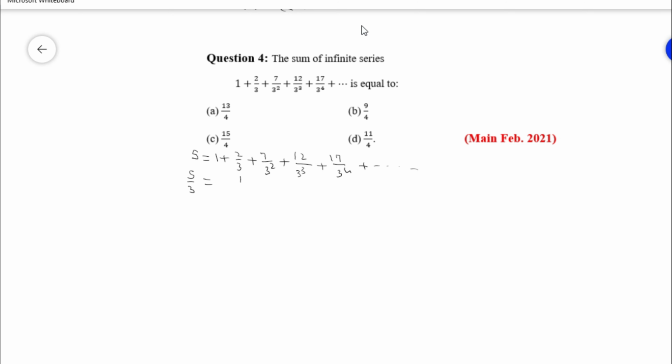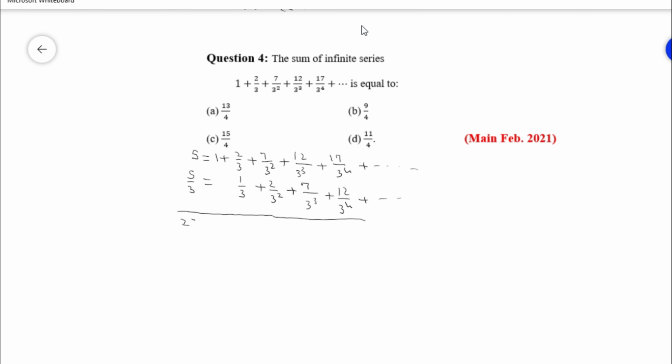This will be 1/3 plus 2/3 square plus 7/3 cube plus 12/3 की पावर 4 plus and so on. Now subtract. So subtracting we get s minus s by 3.